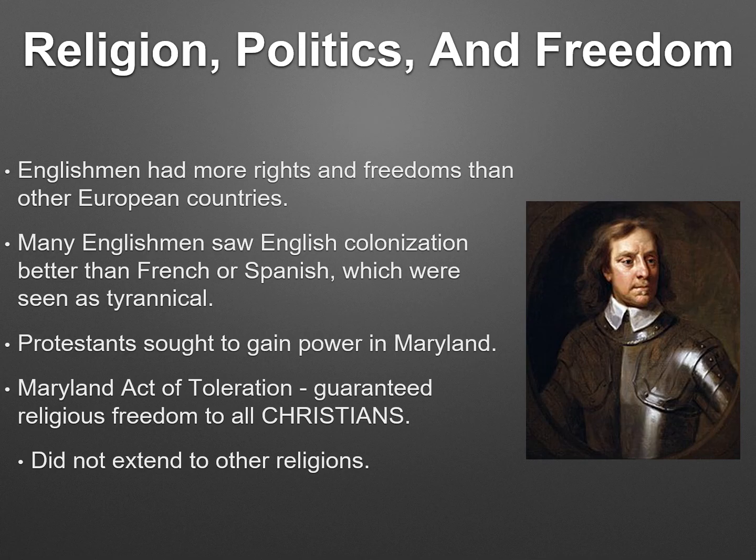Compared to other European nations, Englishmen had more rights. They had more freedoms. And lots of people saw what they were doing compared to how the French or the Spanish had colonized as much more noble, as much less corrupt.